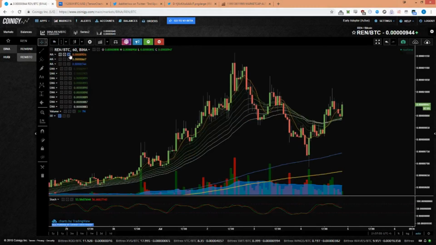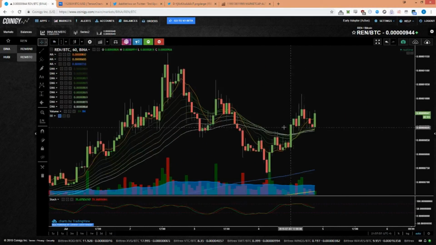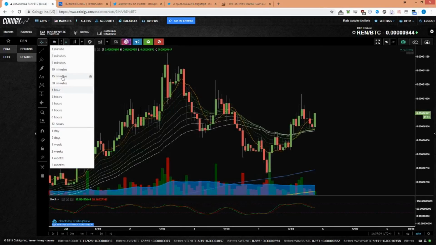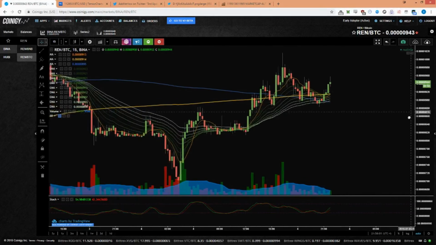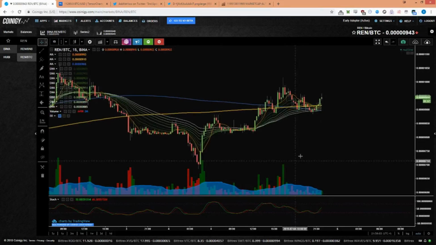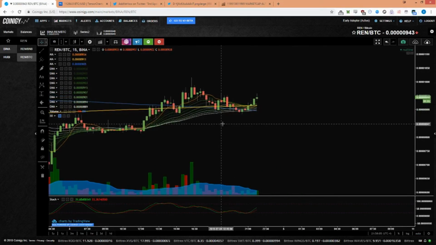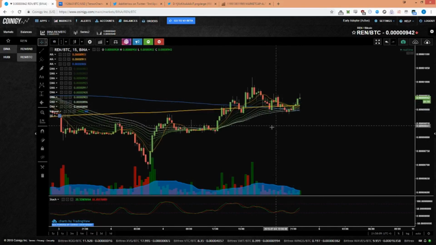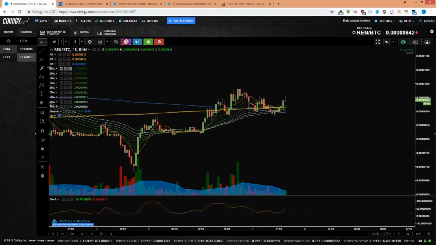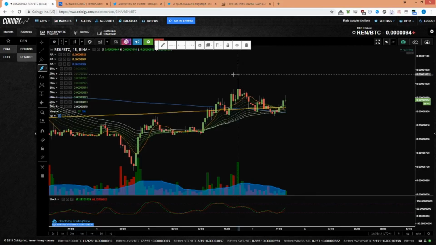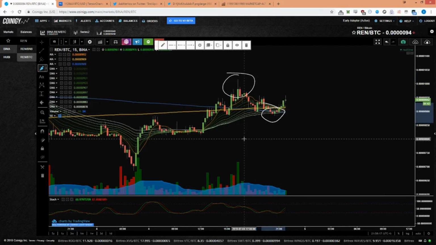It's pretty bullish. It's been bullish for a while. This is definitely one of the more bullish alts, but looks like it kind of blew off, corrected back to the line, and now it's just doing a little bounce.